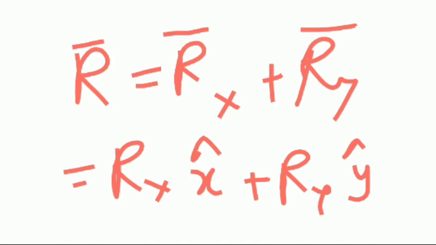Sometimes we also call these i cap and j cap instead of x cap and y cap. So we can write rx i cap plus ry j cap. So this is called the resolution of vectors.